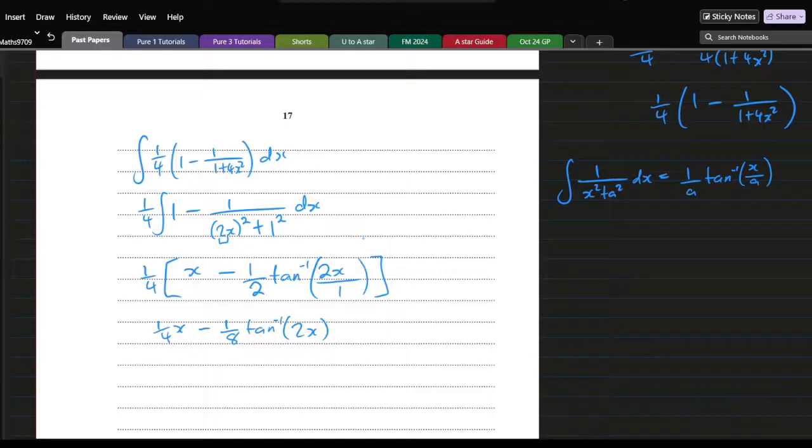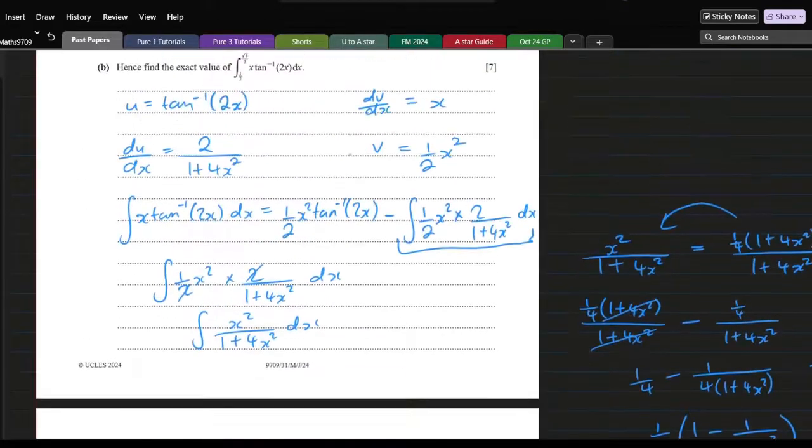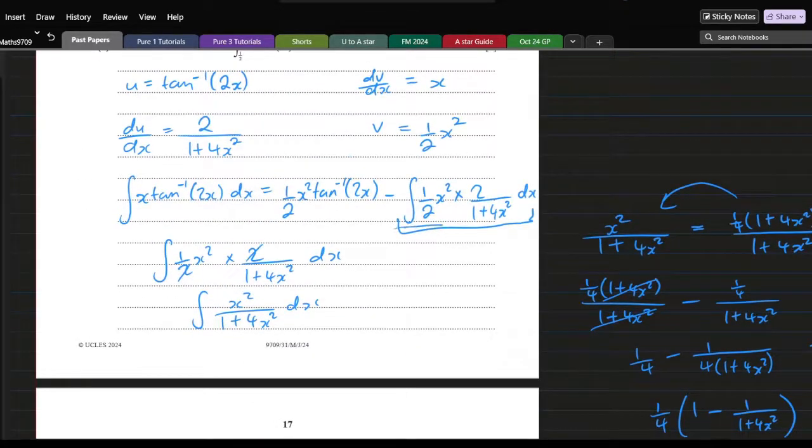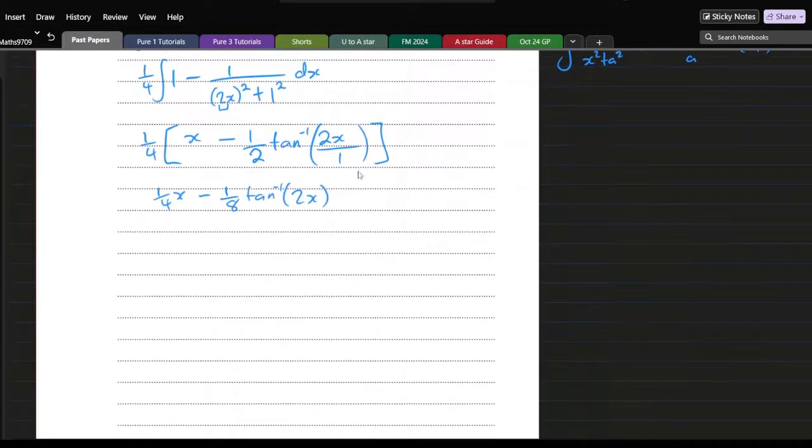Alright, so this simplifies to give us a quarter x minus 1 over 8 arctan of 2x. Okay, so this here is the integral of this part over here. So we can simply rewrite everything and then replace this part with its integral. So this is the integral of x arctan 2x with respect to x, and it's equal to half x squared arctan 2x minus this part over here.